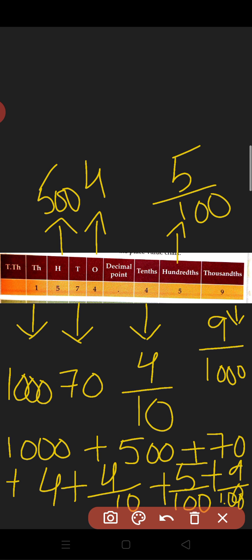This is the expanded form: 1000 plus 500 plus 70 plus 4 plus 4 by 10 plus 5 by 100 plus 9 by 1000.